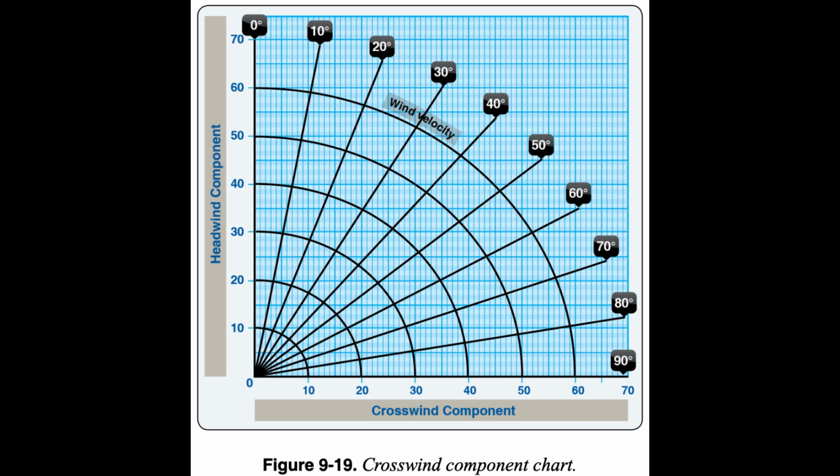End of page 9-19. Common errors. Common errors in the performance of crosswind approaches and landings are: 1. Attempted landing in crosswinds that exceed the airplane's maximum demonstrated crosswind component. 2. Undershooting or overshooting the turn from base leg to final approach. 3.